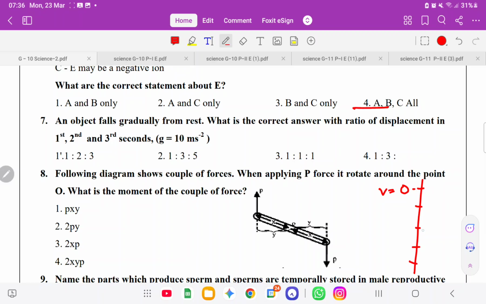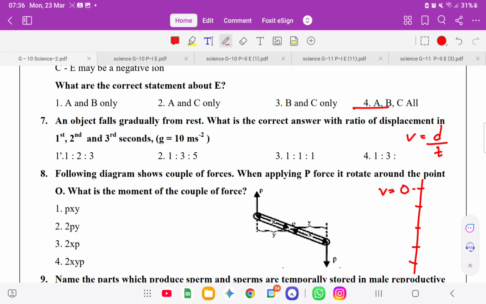After the first second, what will happen? The displacement they ask, V equals D over T, right? But here we don't know the final velocity. Then how do we do it?